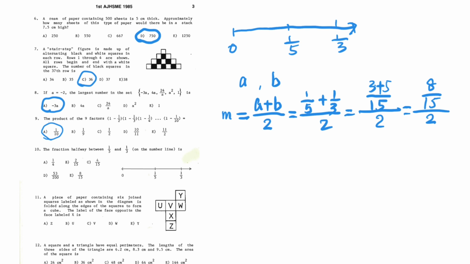Denominator 2, write as the fraction 2 over 1. Inside times inside goes to the denominator. Outside times outside goes to the numerator. That's 8 times 1, 15 times 2, equal to 8 over 30.